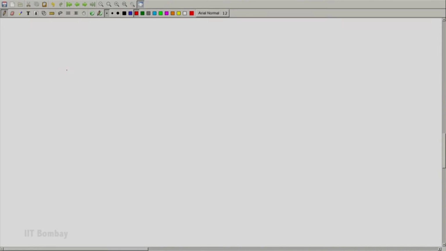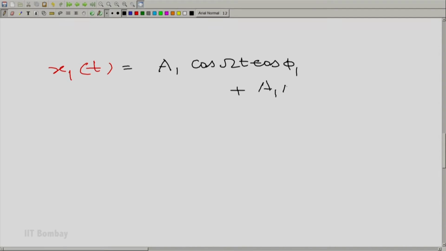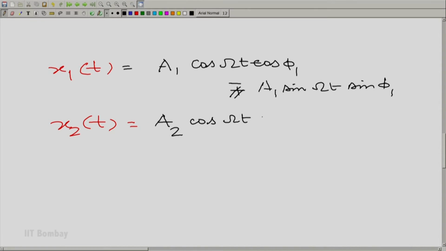In fact, x1(t) can be written as A1 cos Ω t times cos φ1 plus A1 sin Ω t times minus sin φ1, or we could remove the plus sign here and put a minus sign. Similarly, x2(t) is the same thing, but with A2 and φ2.